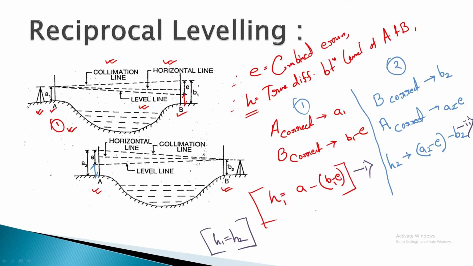So by adding equations 1 and 2, we get 2H equals A1 minus B1 minus E plus A2 minus E minus B2.